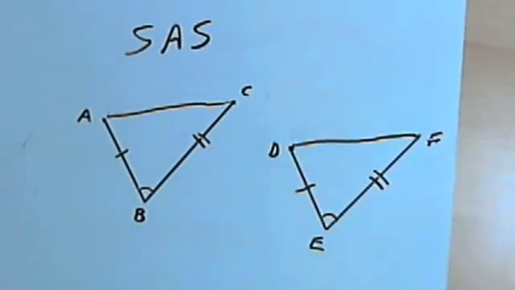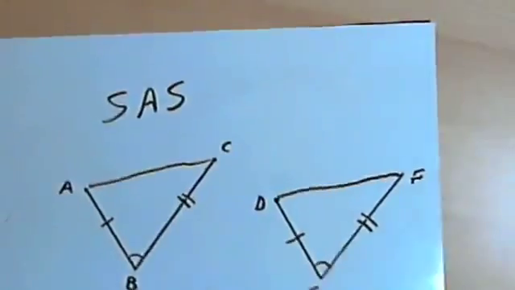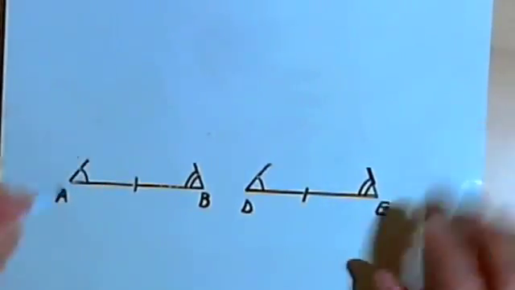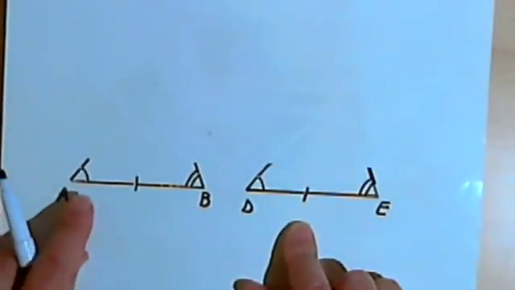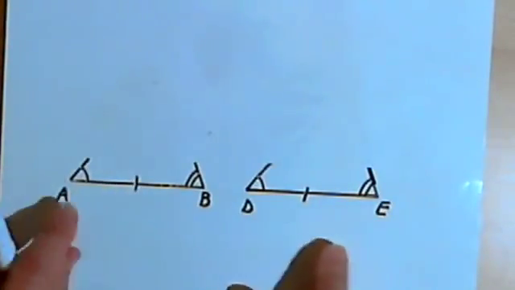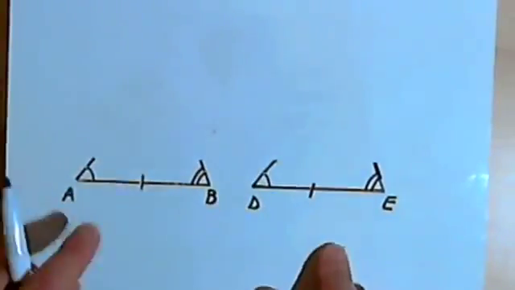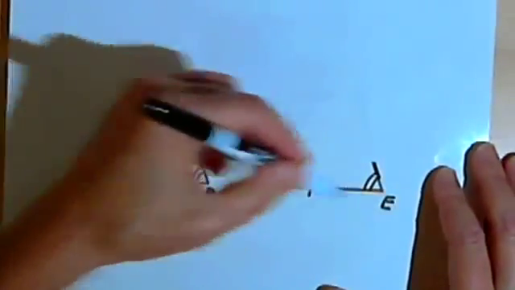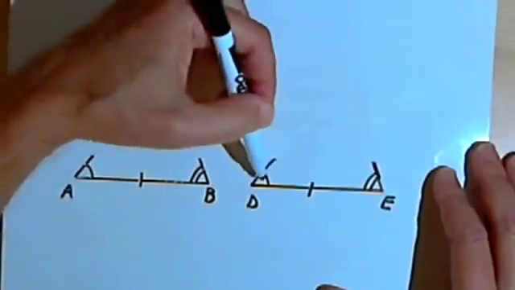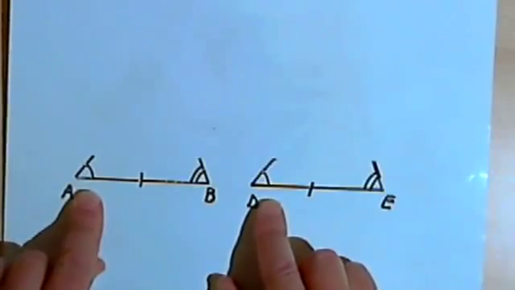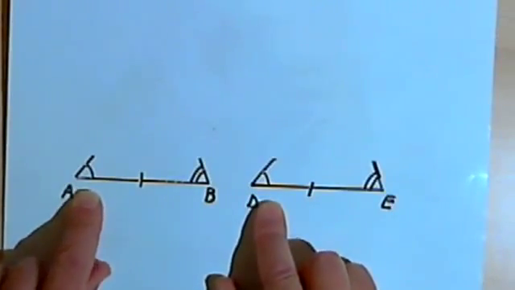Okay? We've also got angle-side-angle. So I've drawn figure AB and figure DE. They both end in angles, angle A, angle B, angle D, and angle E. And then there's a line segment connecting angles A and B and connecting angles D and E. Angle A and angle D are congruent.